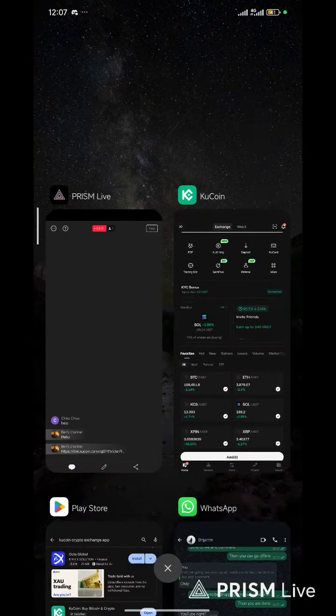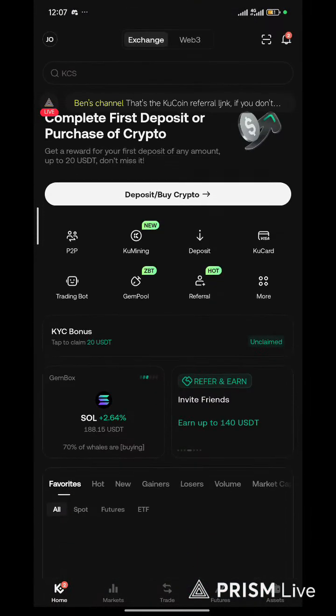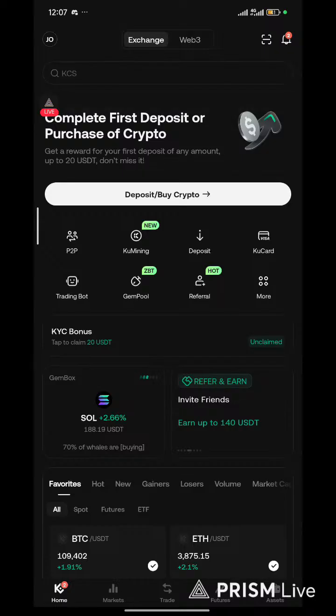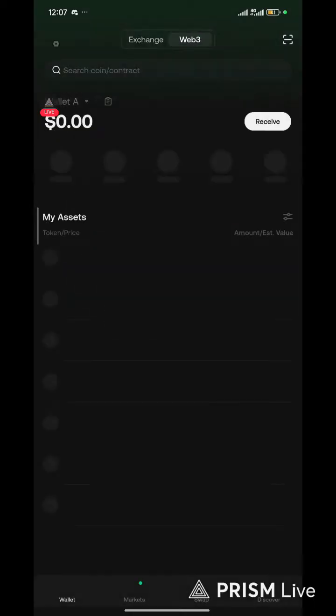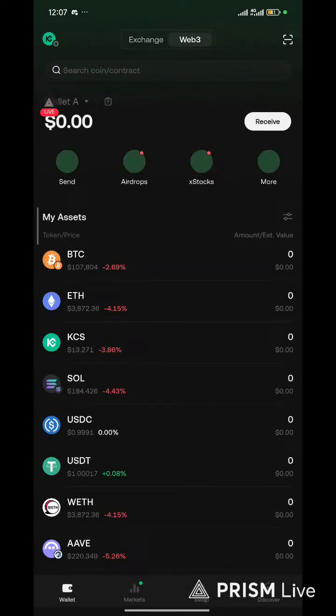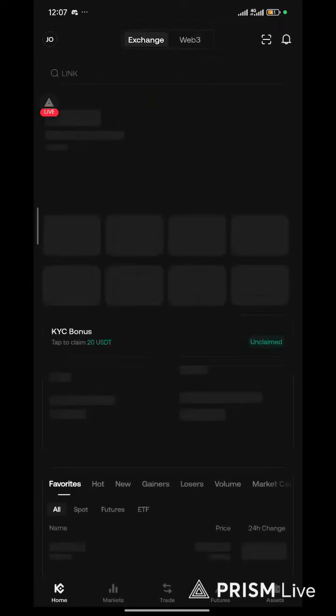Okay, let's go back. So this is the interface. When you open the exchange, we have the exchange aspect of KuCoin, and also the Web3 wallet. Web3 wallet is where you do your leverage staking and all the ETH blockchain stuff. But here, we want to explore the KuCoin exchange app.